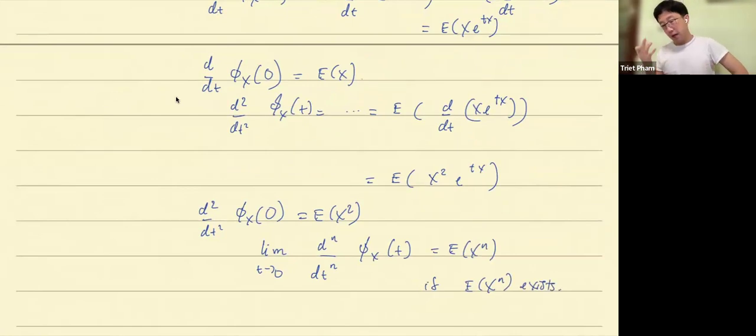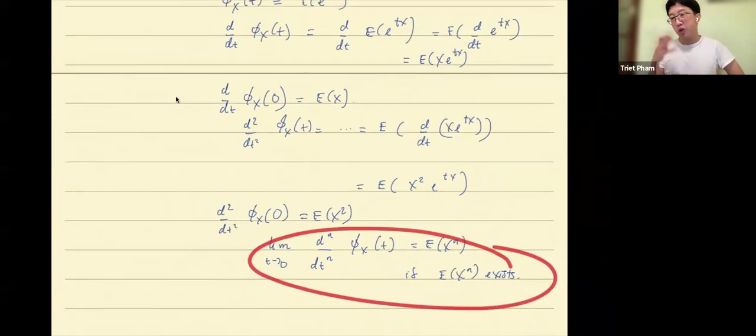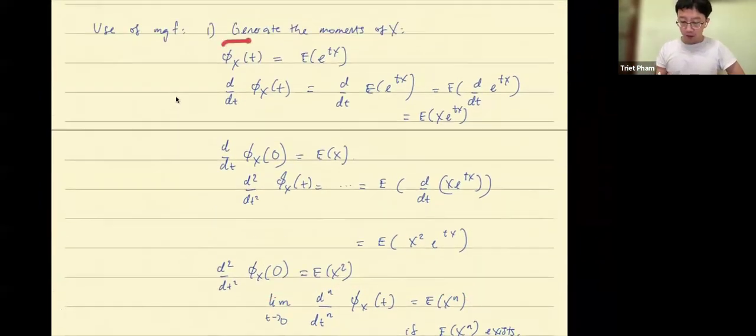The reason is, we have mentioned some distributions where the first moment does not exist, like the Cauchy. So this is how it generates the moments, and how it justifies the name moment generating function.